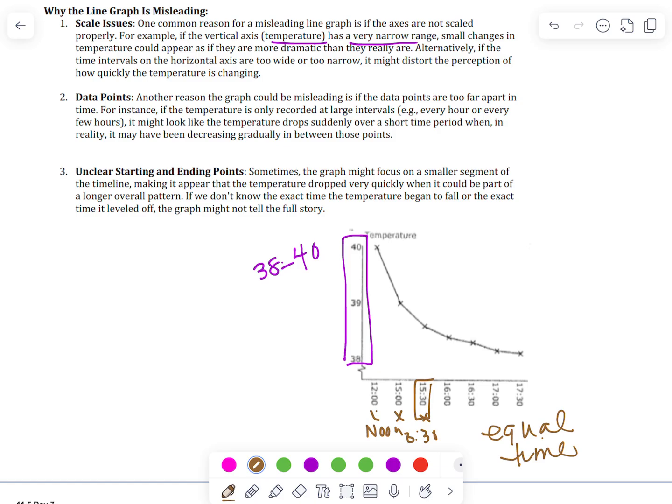Sometimes the graph might focus on smaller segments of time, making it appear that the temperature has dropped quickly. If we don't know the exact time of the temperature to begin to fall, it could also look misleading. So here's that time at noon, and then again at 3 o'clock, and then a half an hour later.